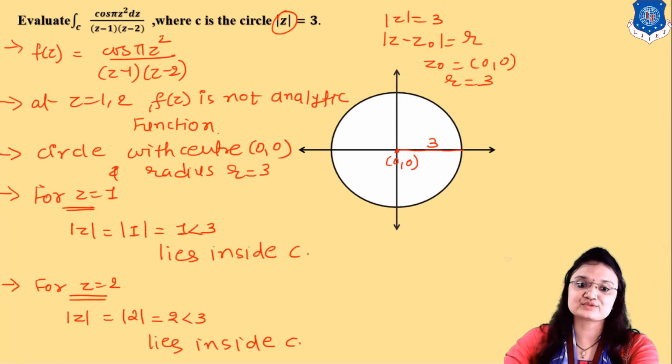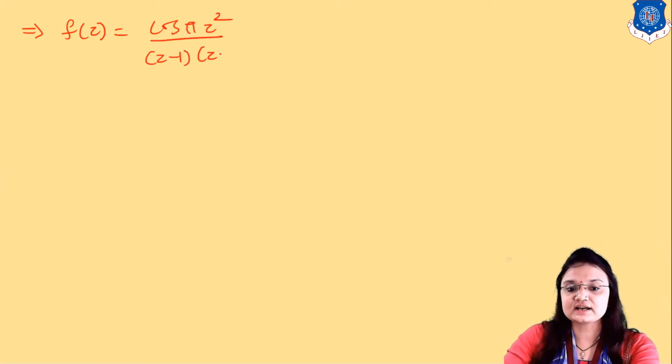So first of all we have to set this function. Here the function is f of z, cos pi z square upon z minus 1 into z minus 2.